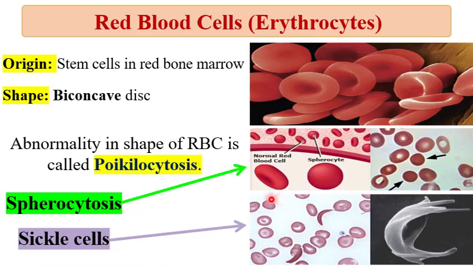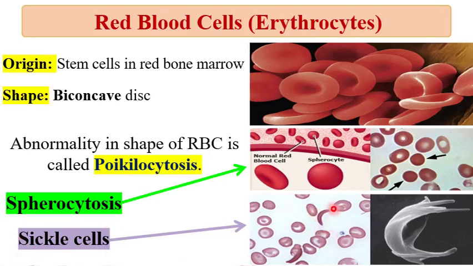Any abnormality is called poikilocytosis. An abnormality may be spherical in shape, like a ball, which is called spherocytosis. Spherocytosis means the biconcave shape is lost and the RBCs become spherical like a ball. Another abnormality is the sickle cell, like that.